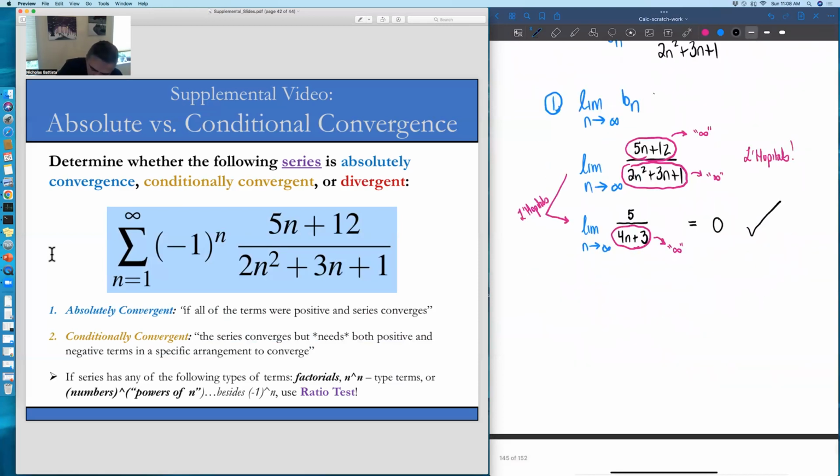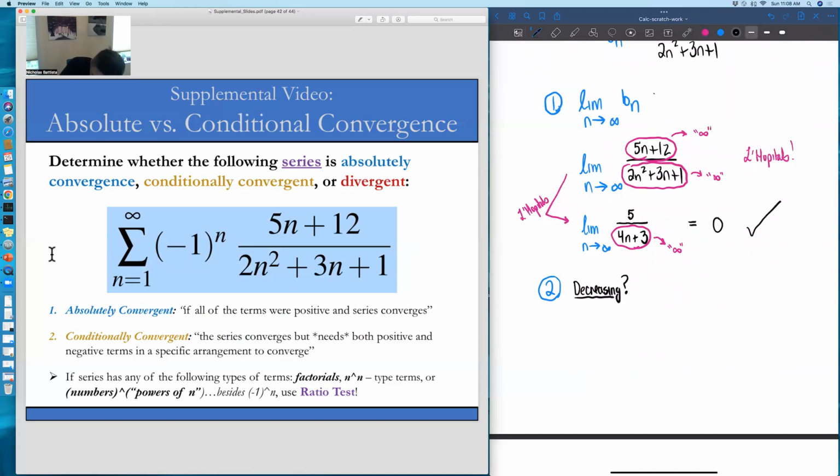The second thing we do for the alternating series test is show that everything is decreasing. There are a couple of ways we can show that these functions are decreasing. We can do this algebraically, or we can take a derivative of our series function.